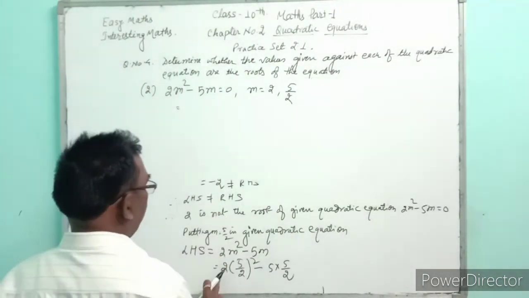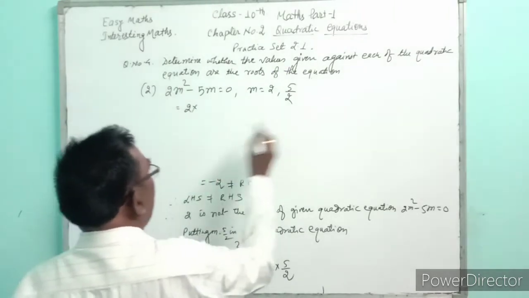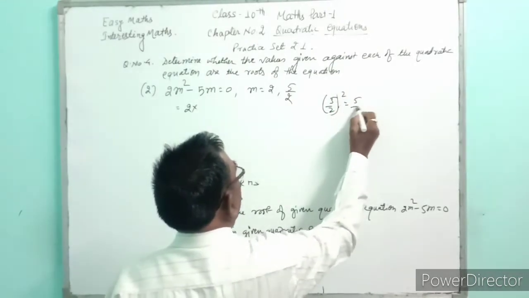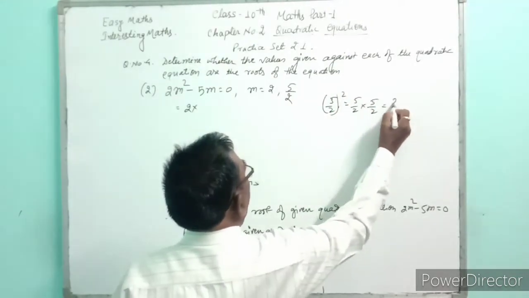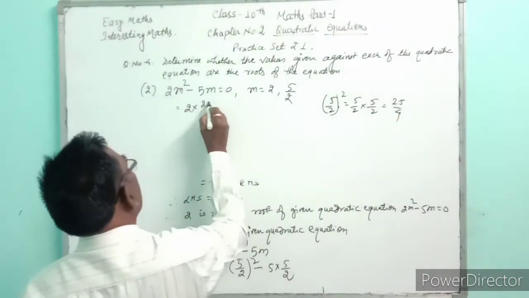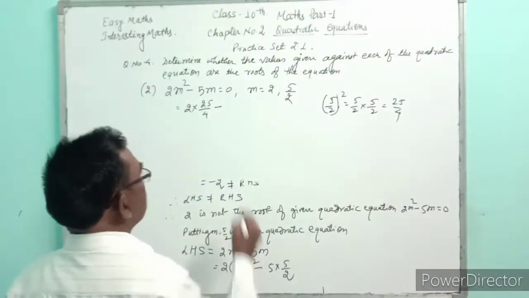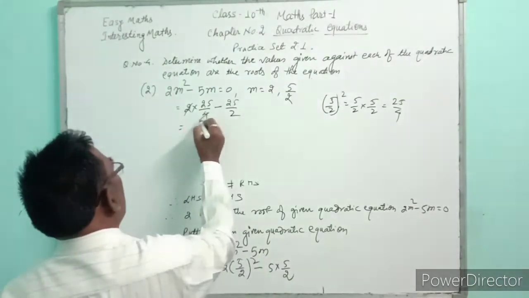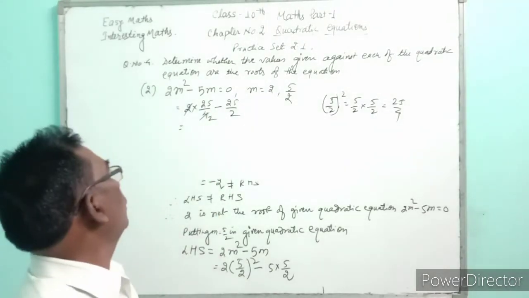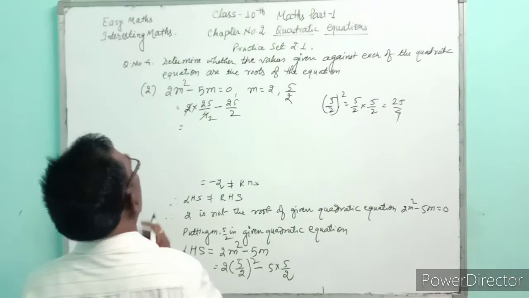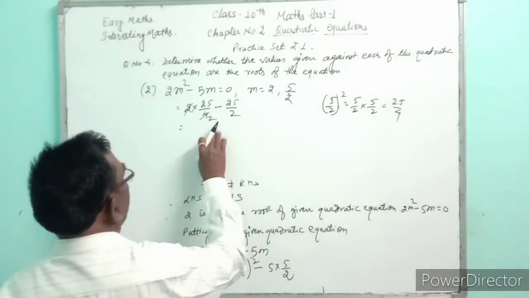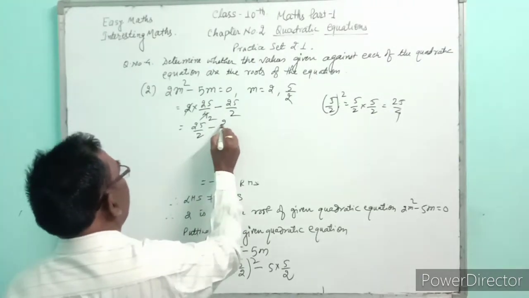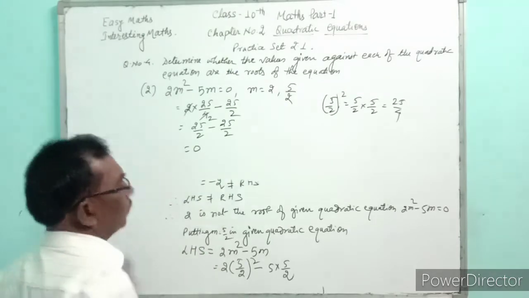Is equal to 2 into the square of 5 upon 2, which is 25 upon 4, minus 5 into 5 by 2, 25 by 2. 2 divided by 2 is 1, and 4 divided by 2 is 2. Therefore, 25 by 2 minus 25 by 2 is equal to 0.